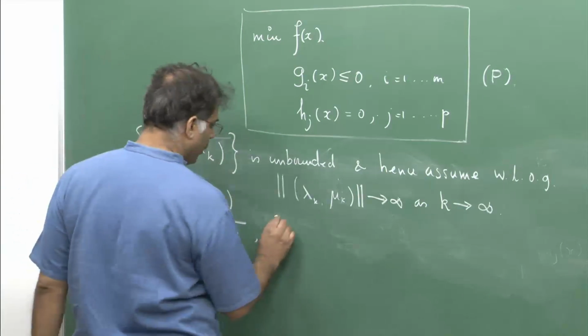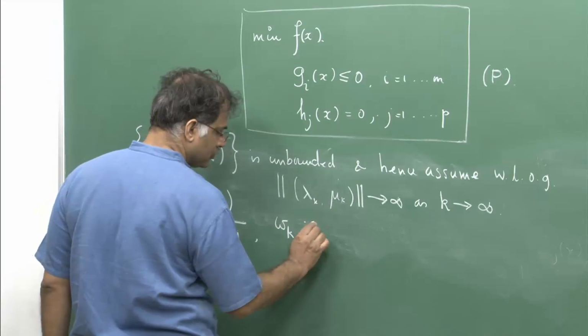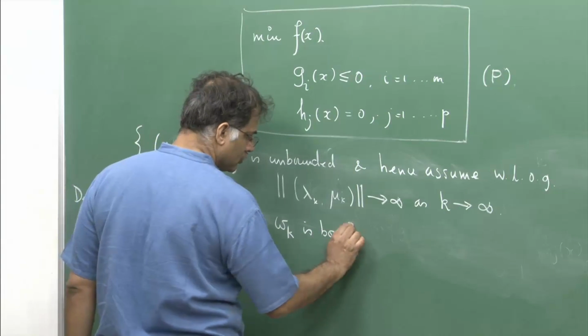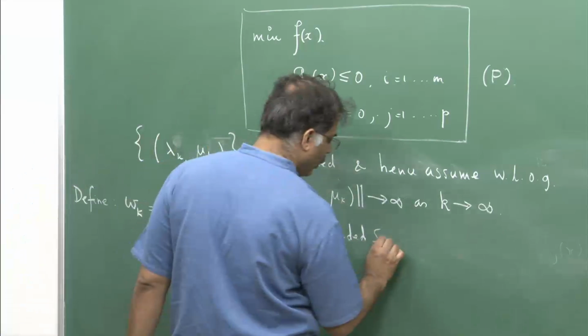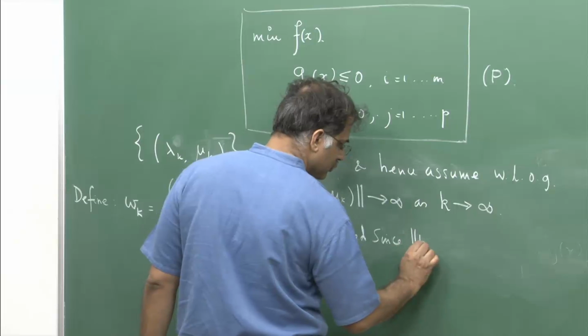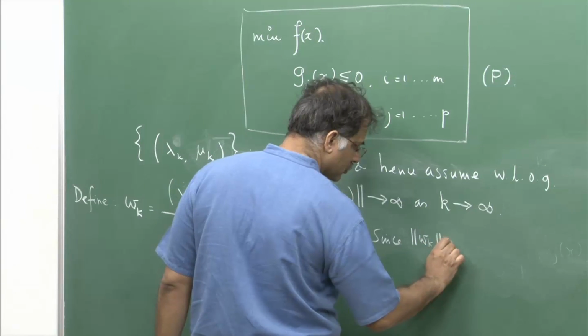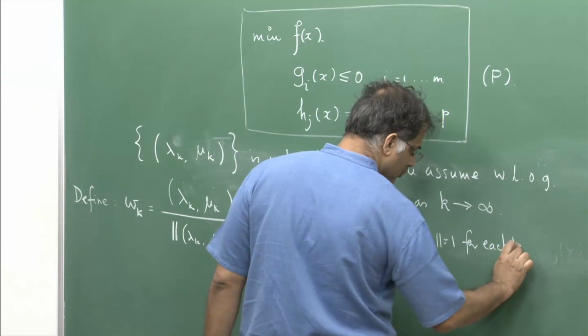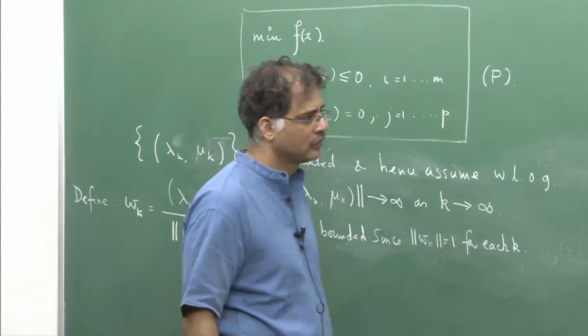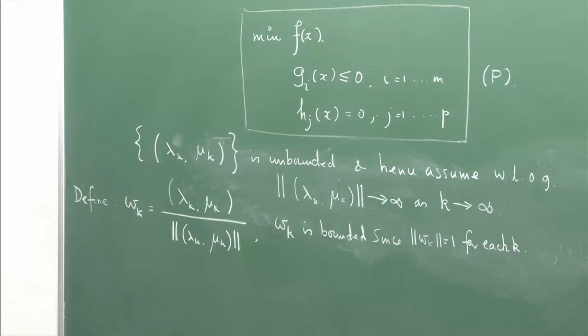So, wk is bounded because norm wk is 1, and observe that this bounded sequence would have a convergent subsequence.